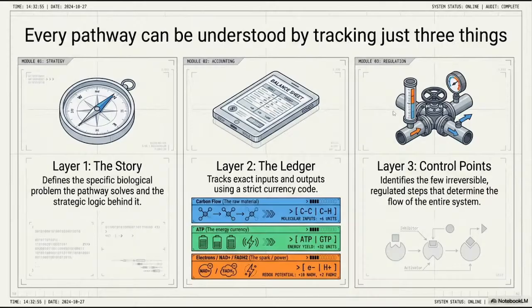The second aspect is that layer two is the ledger stage. The ledger stage will track the exact input and output using a kind of currency code in the form of ATP, or it could be in the form of GTP.